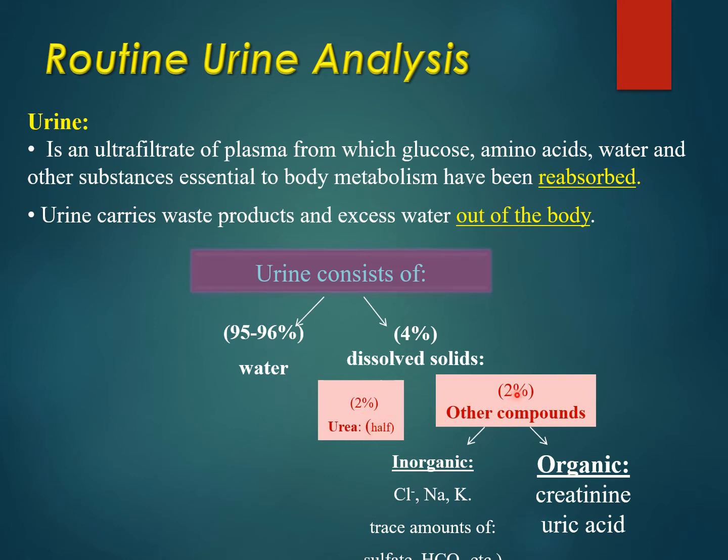Then the other half, 2% of the components in the urine, other compounds, part is inorganic and part is organic. The organic are creatinine and uric acid. But the inorganic ones are ions like chloride, sodium, potassium, and traces of some amounts of bicarbonate in there.